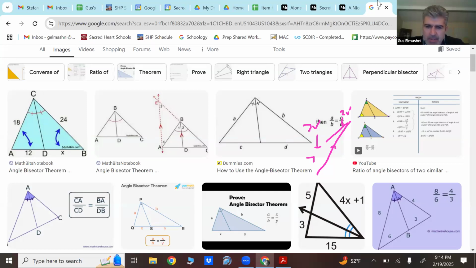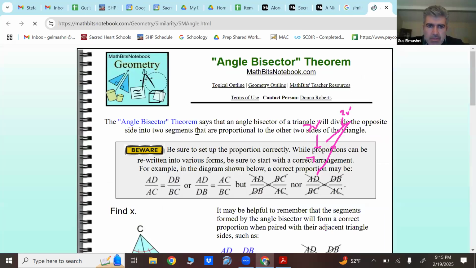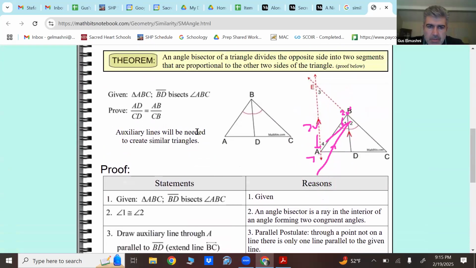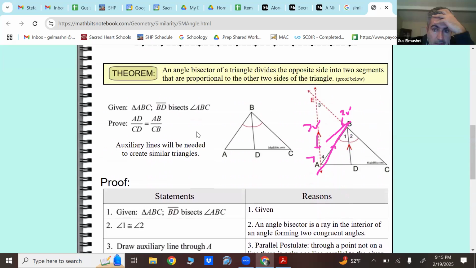Why is 8/6 the same as AD to CD, AB to CB? AD, CD, the same as EB to BC.